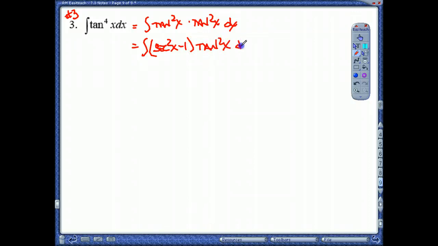I don't have anything. Okay. So I'm going to multiply that together. So I end up with tangent squared secant squared minus tangent squared.